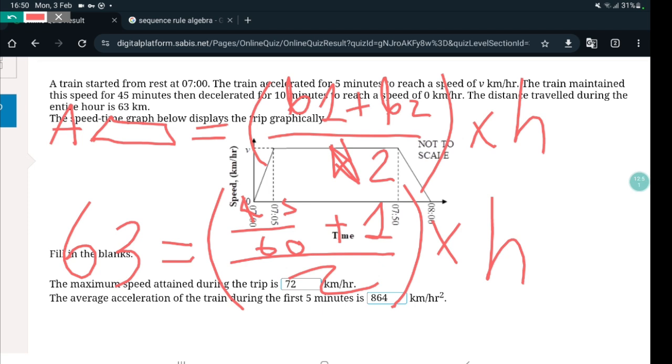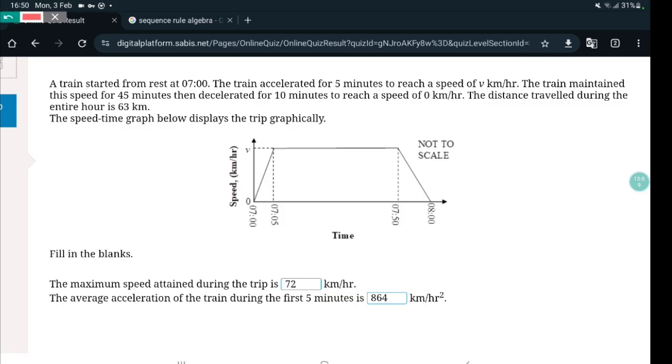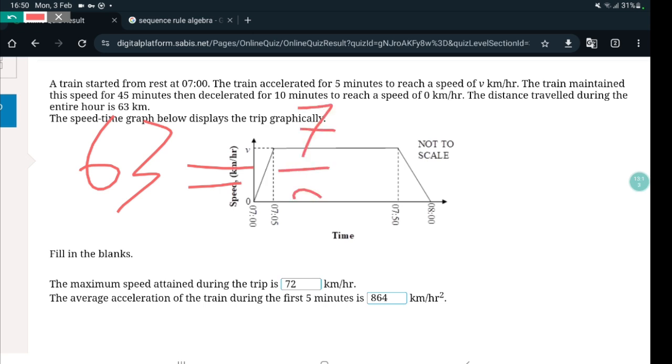Now let's simplify this. If we simplify, it's going to be 7 over 8. So 63 equals 7 over 8 h.